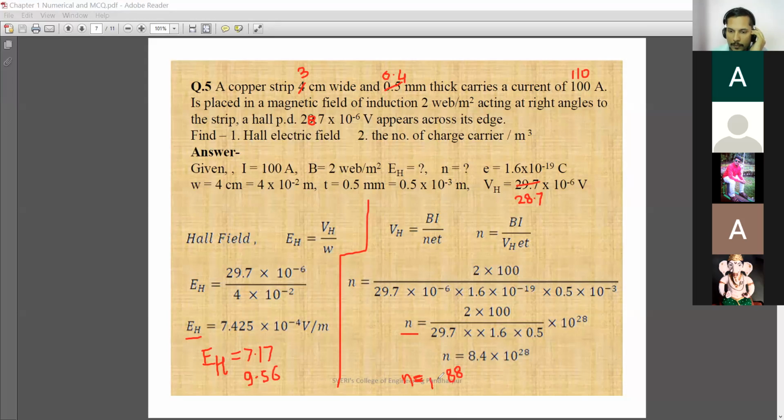You said 10.88? Yes, sir. Into 10 raised to 28. Okay, power is the same. Sir, 5.3872 into 10 raised to 28.